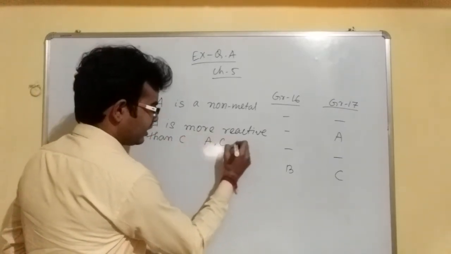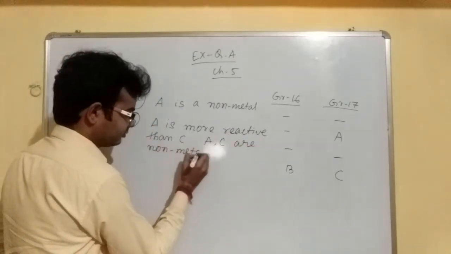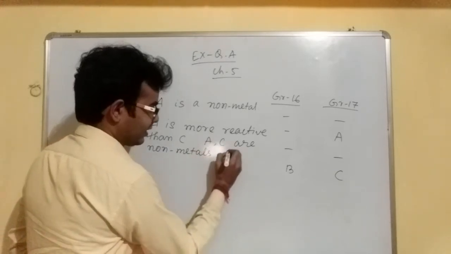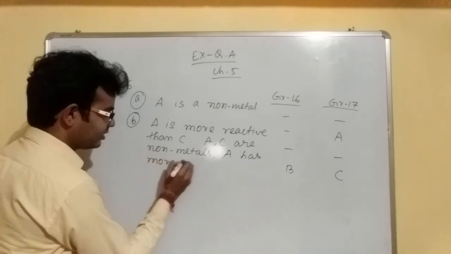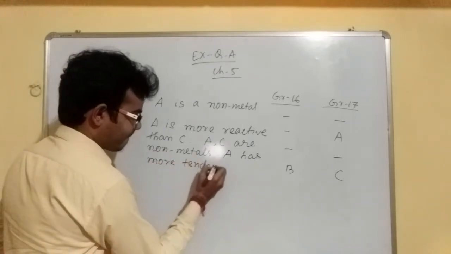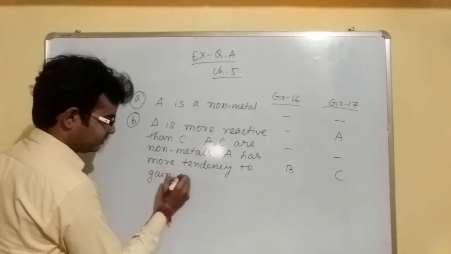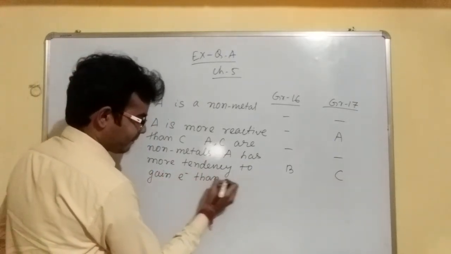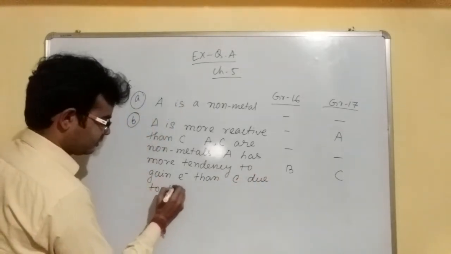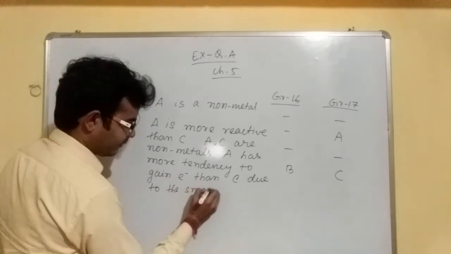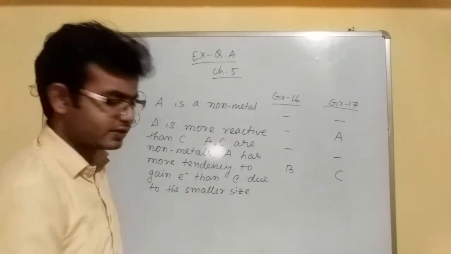A and C are non-metals. A has more tendency to gain an electron than C due to its smaller size or more effective nuclear charge.